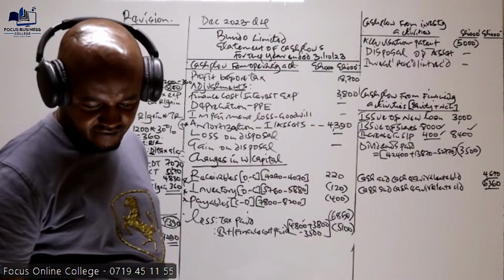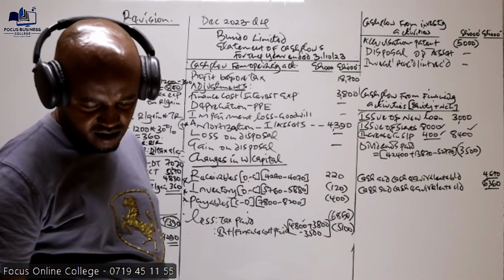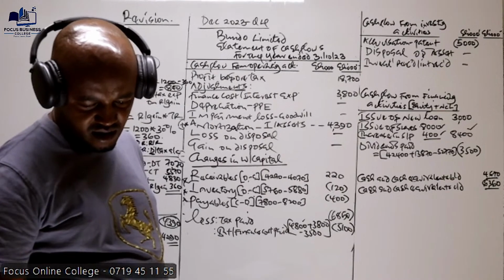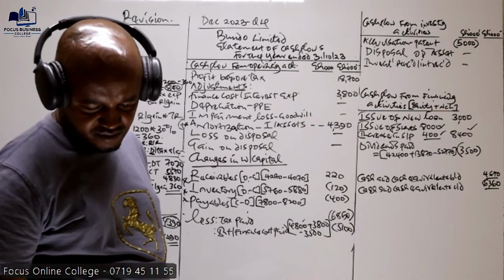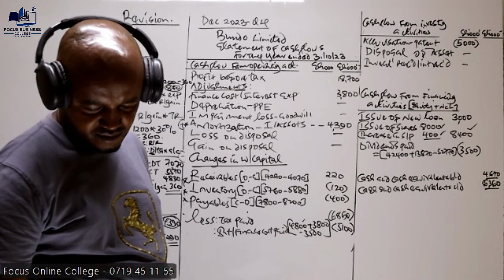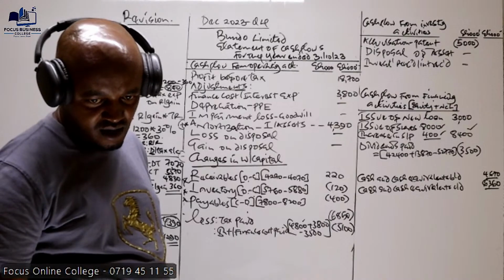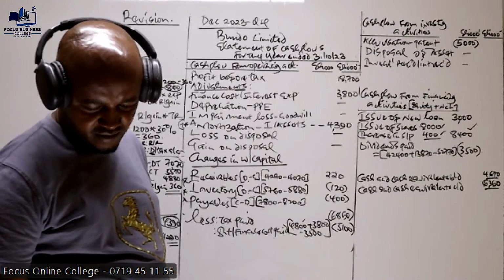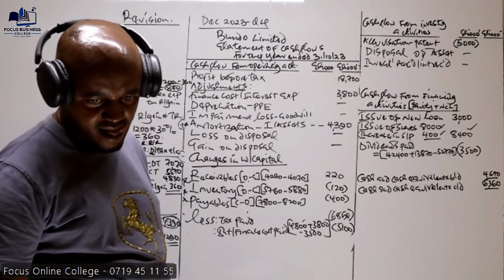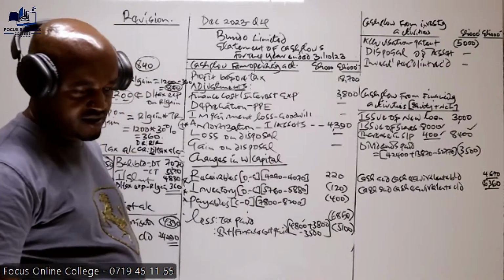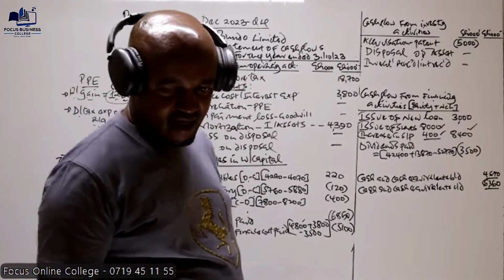Is that what you're getting, 3,500? Yes. So I think that's what we have at the equity.